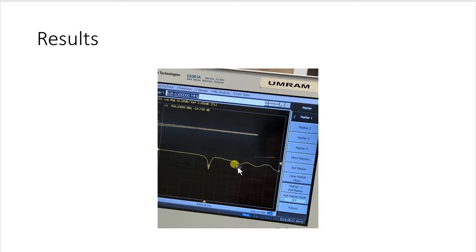The others are much higher than this one. The reason behind that is the dimensions, and as you can see, my cutoff frequency is 926 megahertz, which is approximately 900 megahertz. It's good enough.